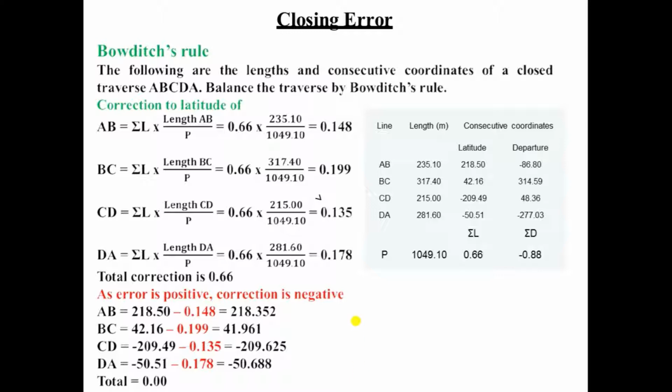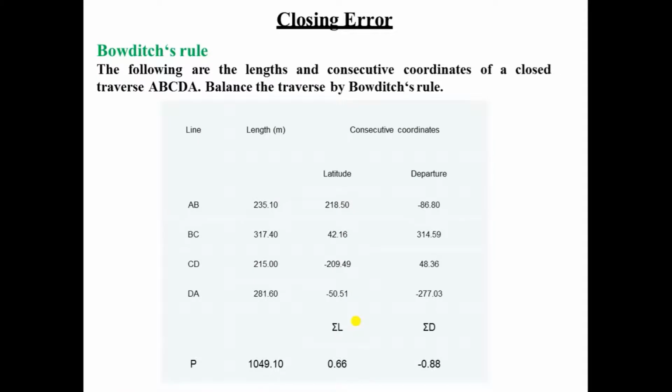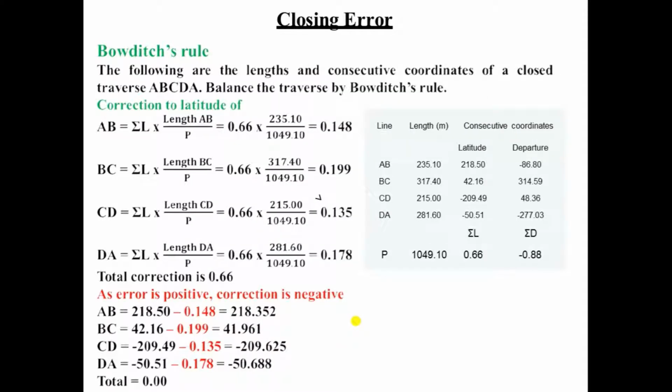So we get the correction for the individual line AB equal to 0.148. Previously we found that the total error of latitude is 0.66.